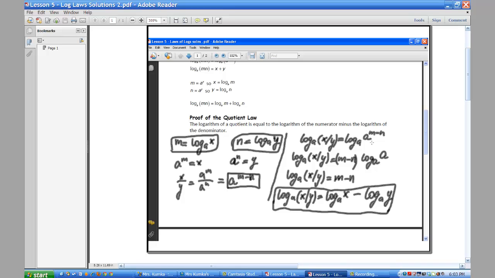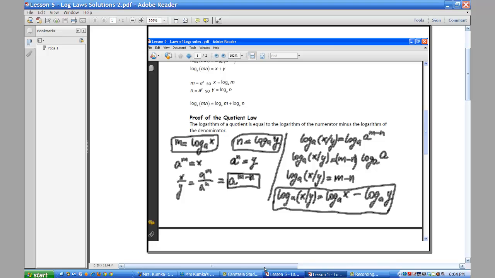I'm going to bring this exponent, m minus n, over to the front, and I'm going to get rid of log a a because it's going to give me one. Log a of x over y equals m minus n, and then m was represented by this expression, and n was represented by this expression. I'm going to substitute it back in, and I see that the log of the base of two answers divided by each other is going to be the difference of logs of those two answers.